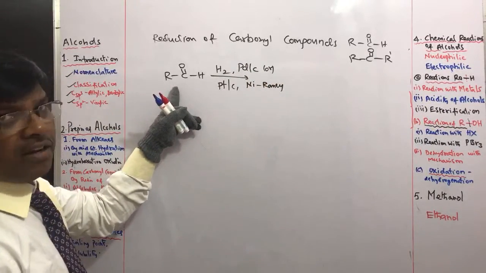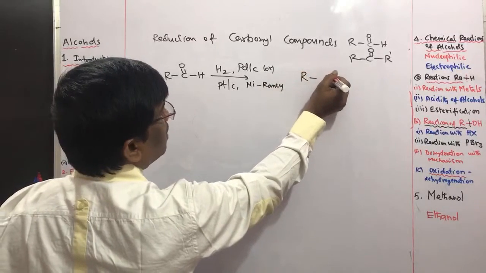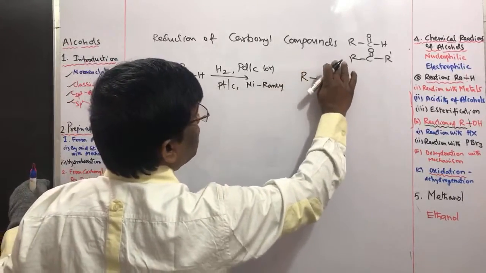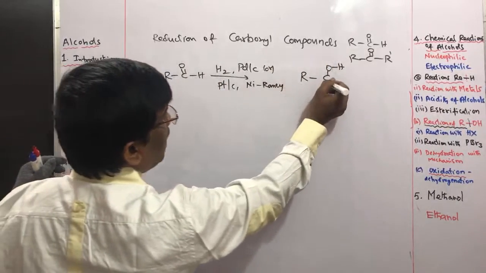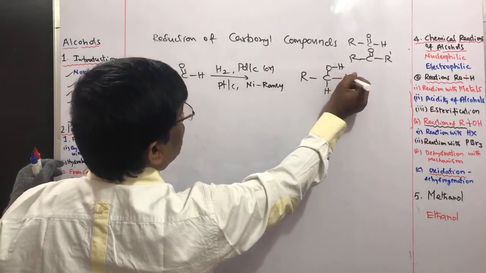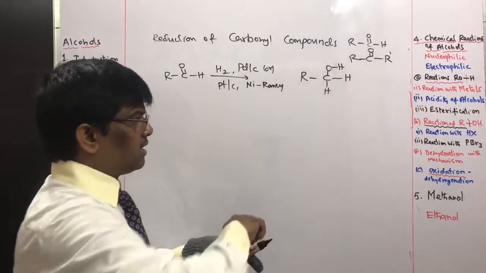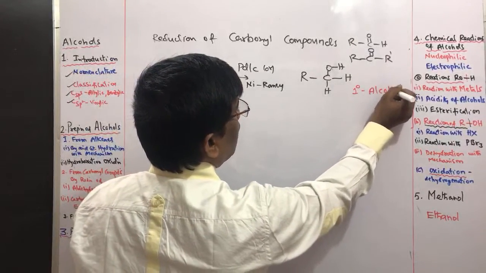And do the hydrogenation, I am going to get alcohol. This is alcohol, where hydrogen is going to add to this oxygen and this carbon to give primary alcohol. In this case, aldehydes are going to give primary alcohols.